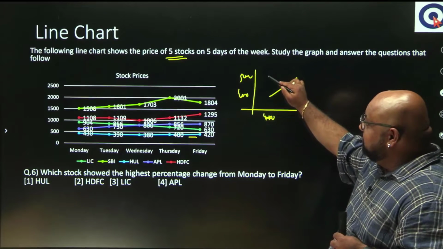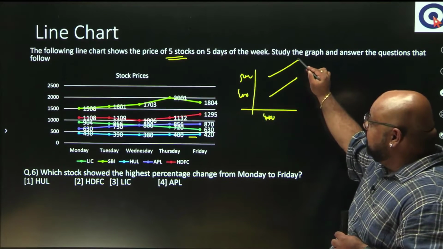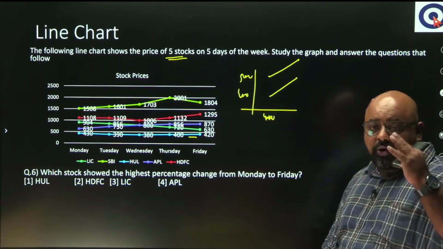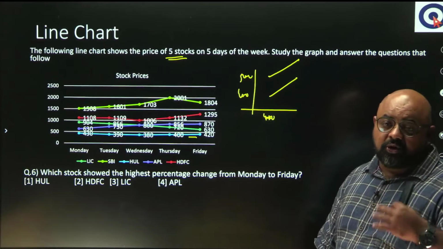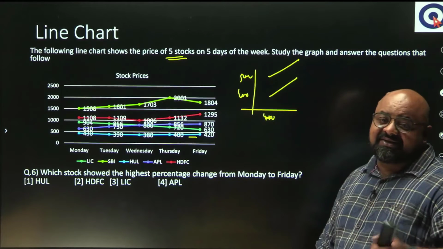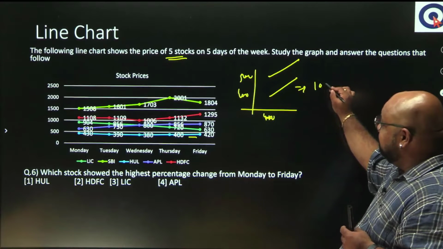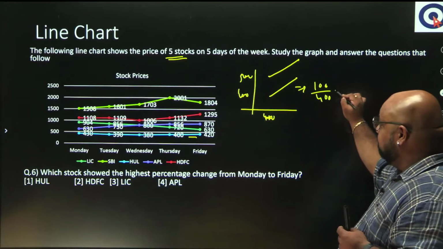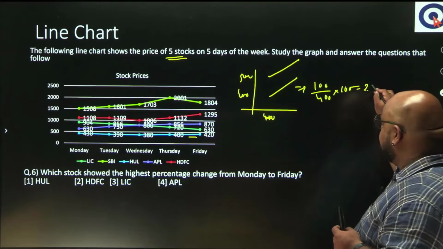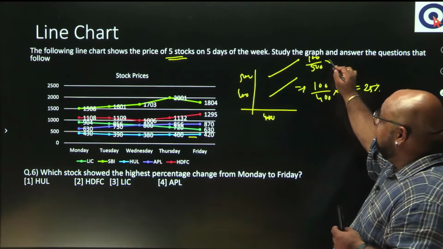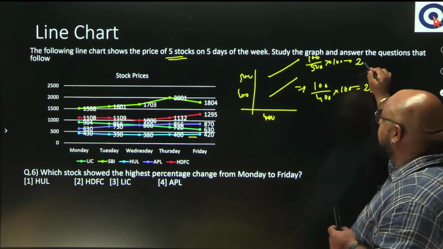Similarly, simultaneously a value goes from 500 to 600, it will have the same growth, same slope. Slope in a line chart represents growth or change, but the percentage change will be different. Please note that. Here the percentage change will be 100 upon 400, which is 25%. Whereas here the percentage will be 100 upon 500, which is 20%.